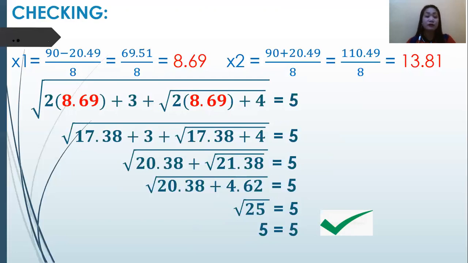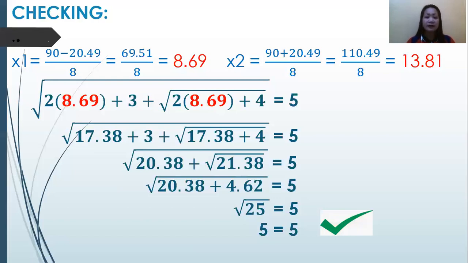Then we are going to check if it is equal to 5. The sum of 17.38 plus 3 is equal to 20.38, and the sum of 17.38 plus 4 is equal to 21.38. The square root of 21.38 is equal to 4.62.